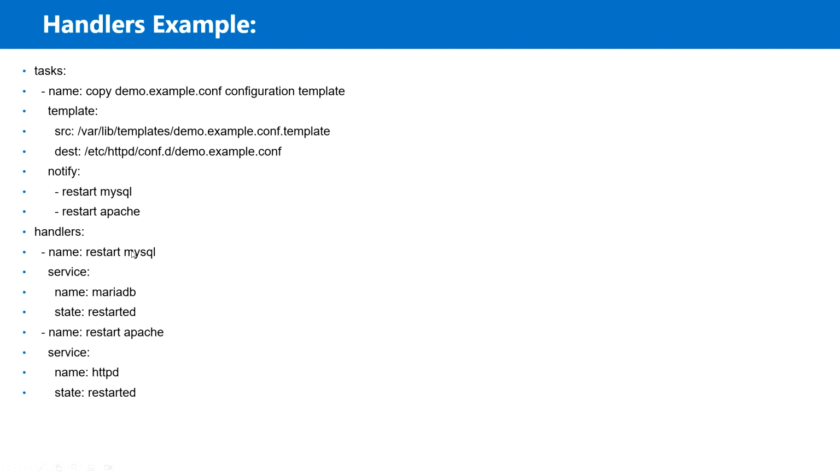Next we specify the name of the handler invoked by the task, and then the module to use for the handler. Here we are using the service module for this handler to restart the service. We can use multiple notify statements or multiple handlers, and they will run one by one.